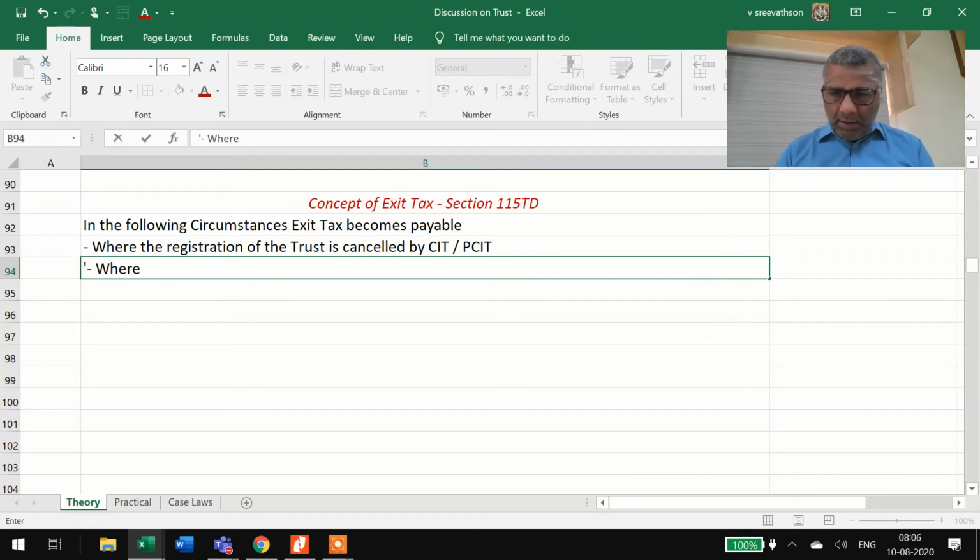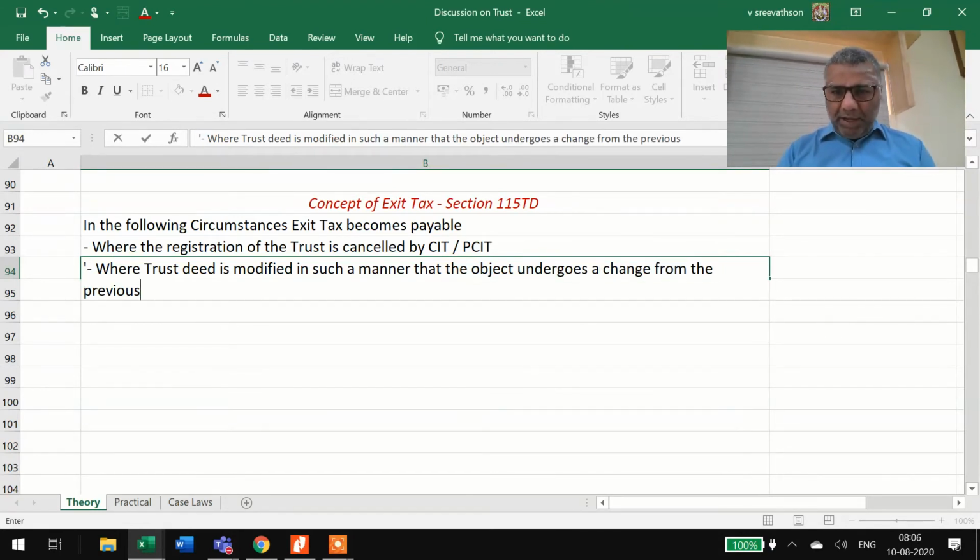Where trust deed is modified in such a manner that the object undergoes a change from the previous objects.